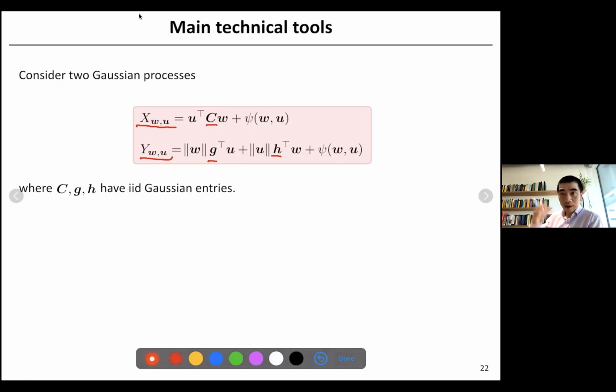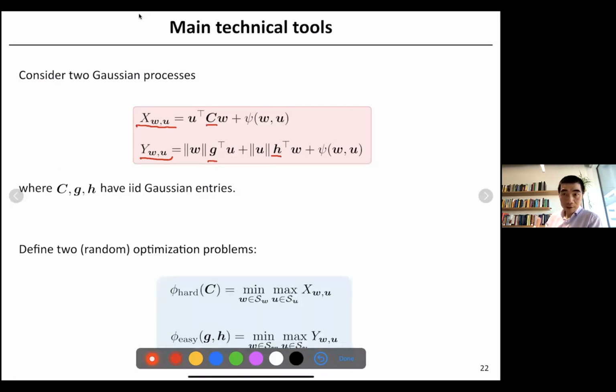That's because on a high level, the optimization problem associated with our training process can be converted into a minimax value of the two Gaussian processes. In particular, the minimax value of these Gaussian processes has a one-to-one correspondence to our training error. I skipped a lot of details, but the main thing here is that studying the training error essentially boils down to knowing the minimax value of this Gaussian process.